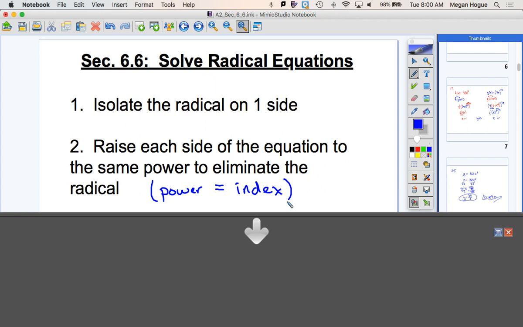Raise each side of the equation, because we know by this point that what you do to one side of the equation, you have to do to the other. And you're doing that to eliminate the radical, because radicals and exponents are opposites of each other. So you're going to raise each side to some power to eliminate it. That power has to match the index.